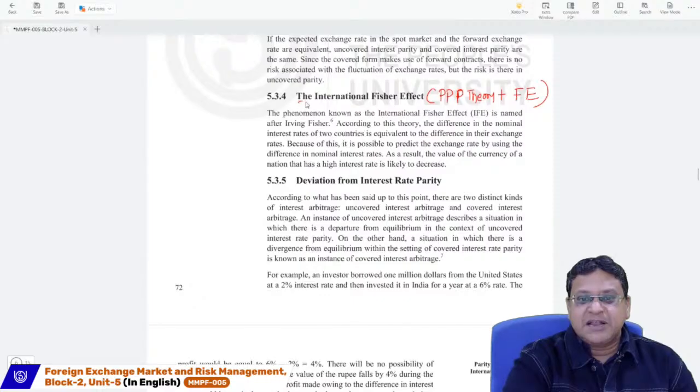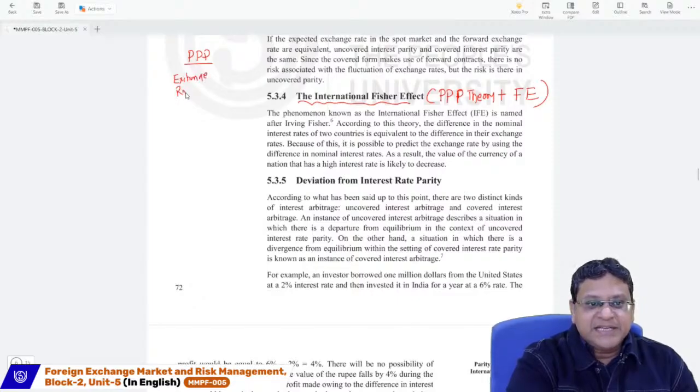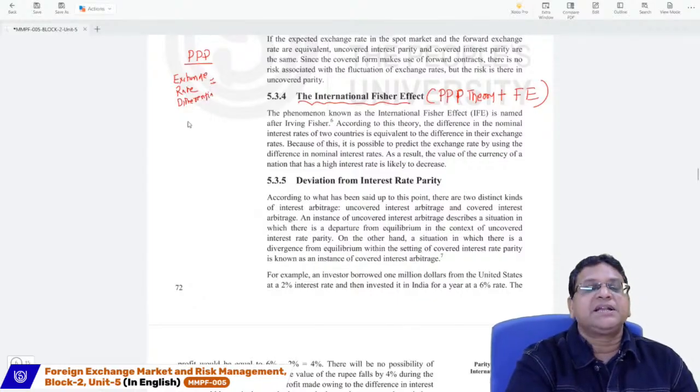What does the international Fisher effect tell? First, what does PPP theory tell? PPP theory tells that exchange rate differential, the difference in exchange rate, arises due to inflation rate differential.